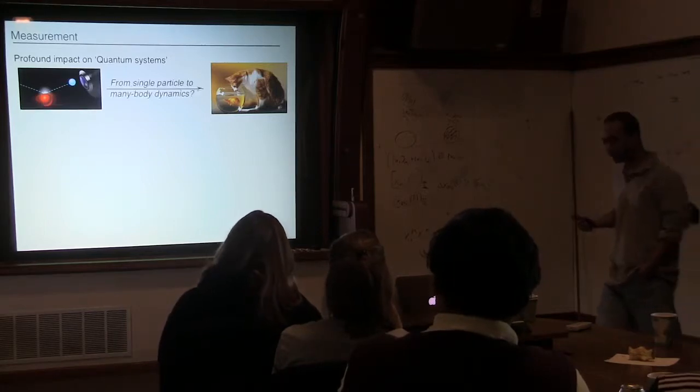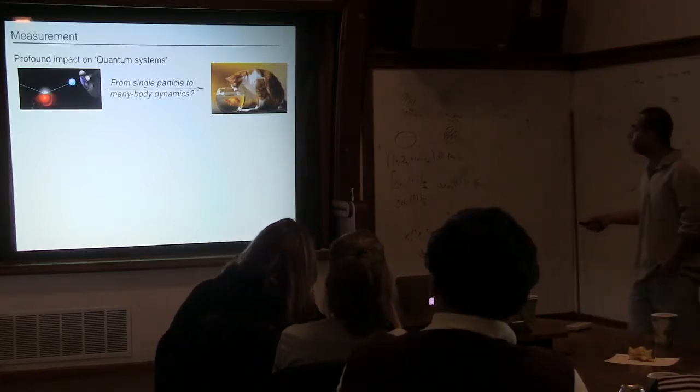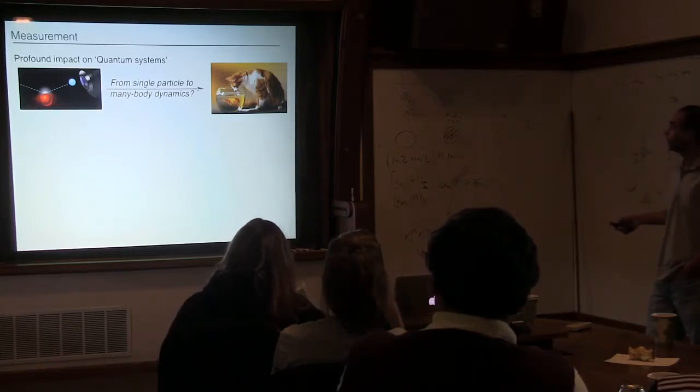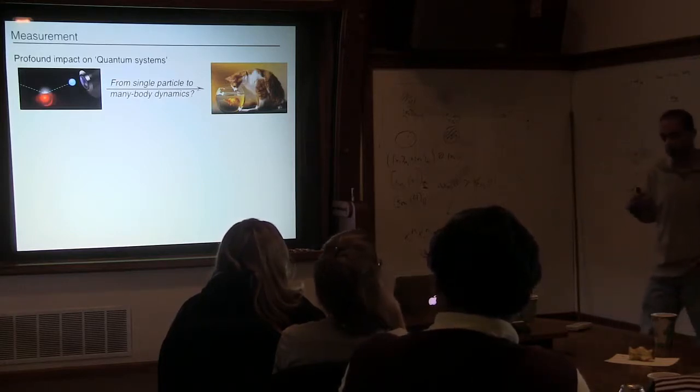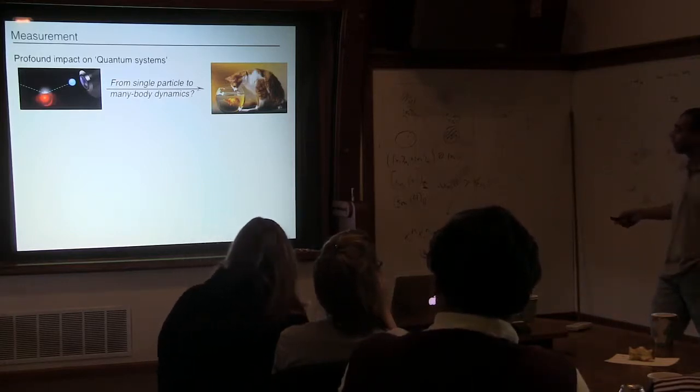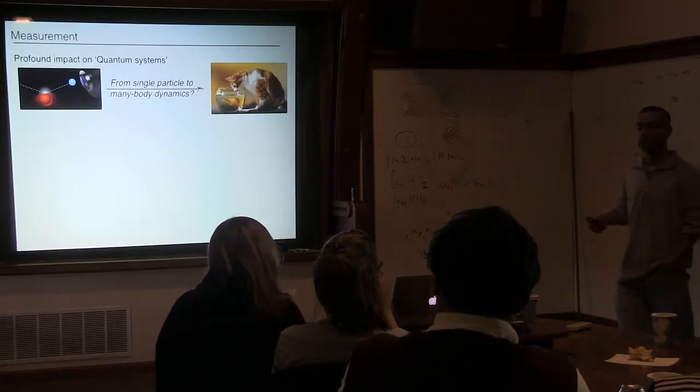I'm going to approach it from a different point of view, which is to say this has very, very few degrees of freedom. This has many degrees of freedom, and is that the distinction? And if so, how can we actually engineer or design measurement strategies that take into account the many-body dynamics and use that as a feature?